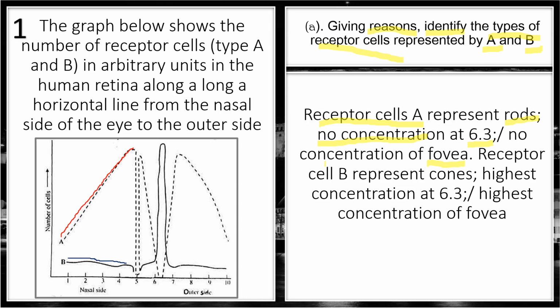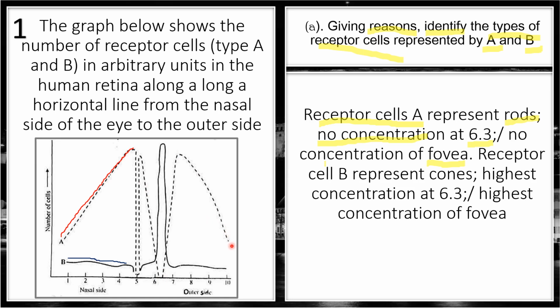So if we first look at receptor A, this one here, coming down here, and then moving up, and then down here, then it goes up, and then it decreases.